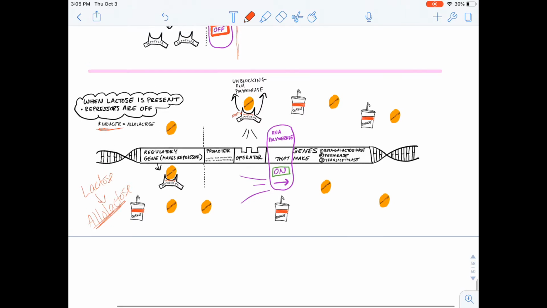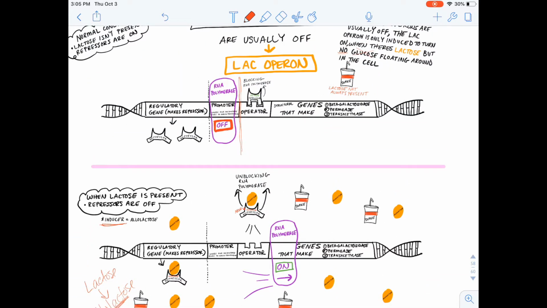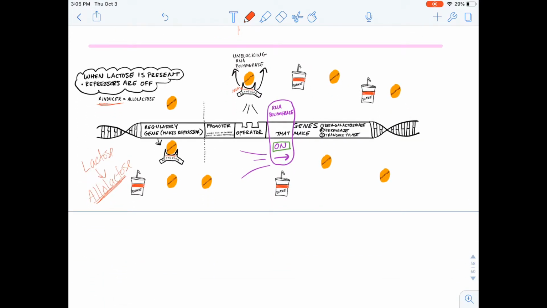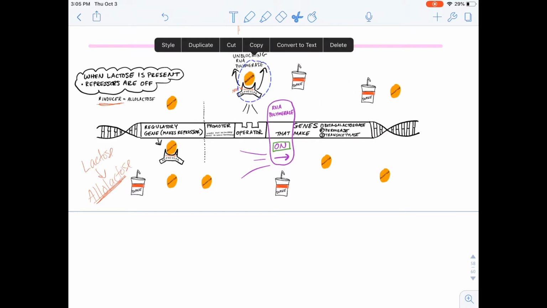So if normally the repressor has nothing sitting inside of it right here, that means it's active, the inverse occurs. So when allolactose is moved around and placed inside of the active repressor, it makes it inactive.